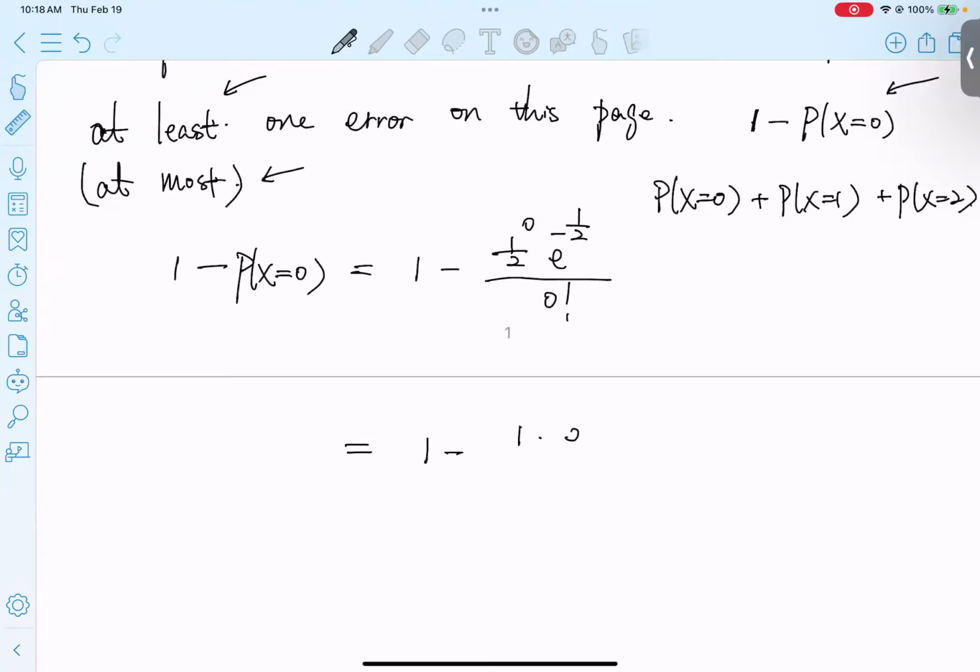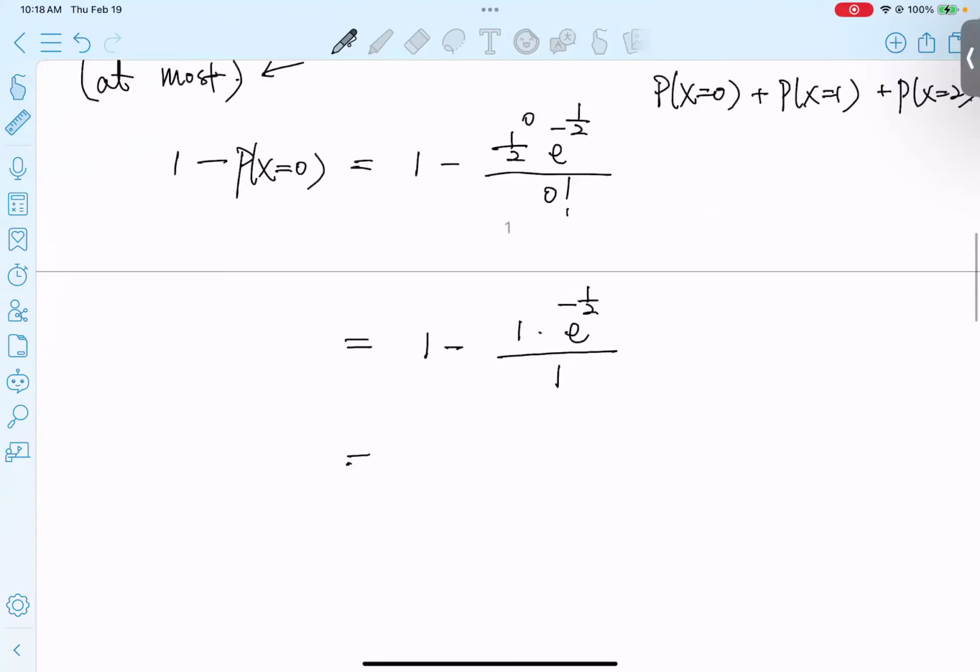You will have e raised to the power of negative 1/2, and then 0 factorial by definition is equal to 1. You will have 1 minus e raised to the power of negative 1/2, and this should be approximately 0.393.